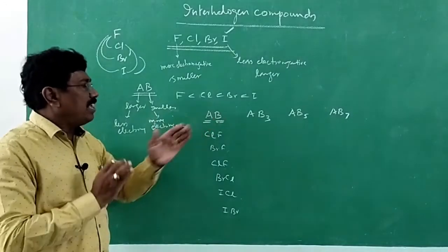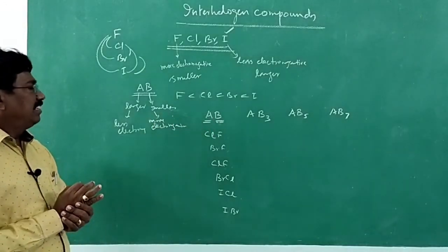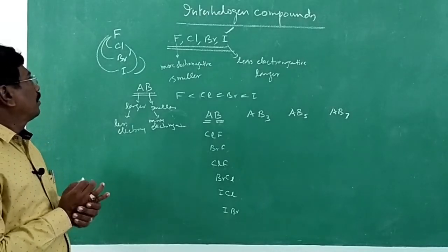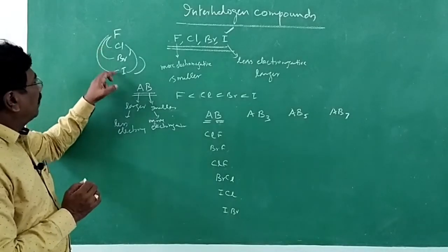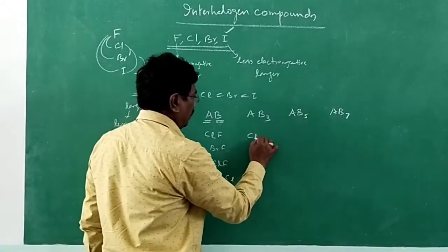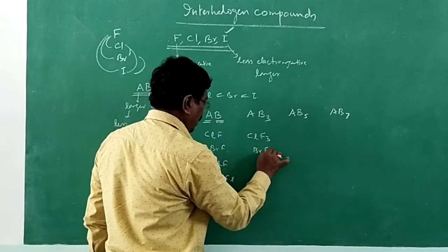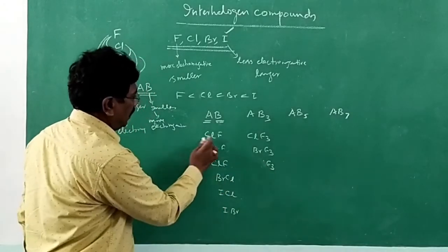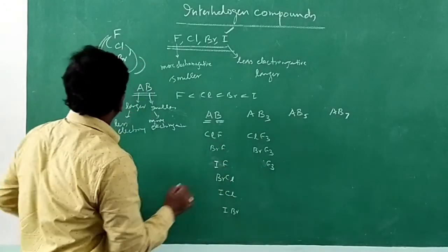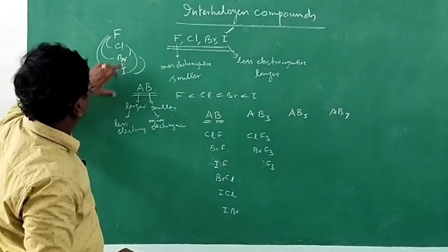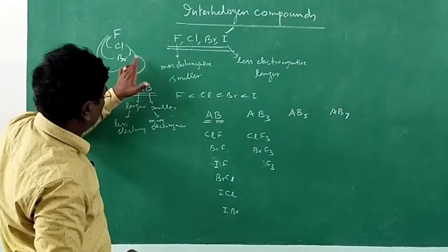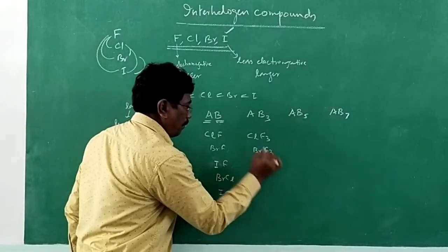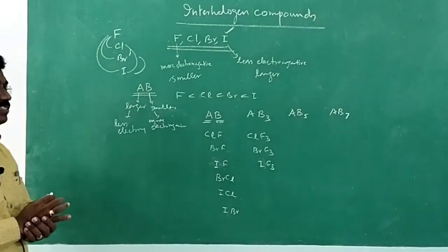In the case of AB3, we get only limited compounds. What are those limited compounds? To start with, all the three with fluorine: ClF3, BrF3, IF3. With fluorine we can get like this.